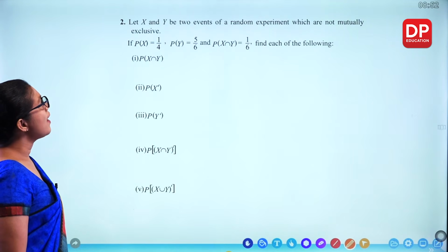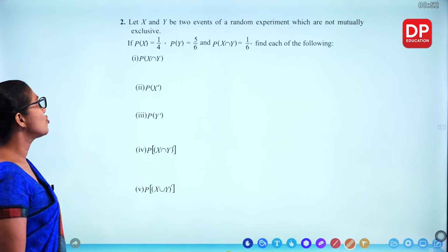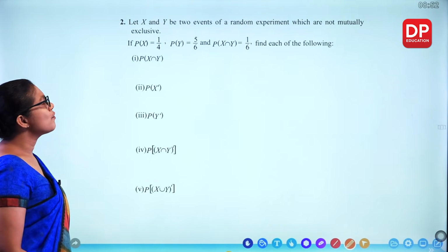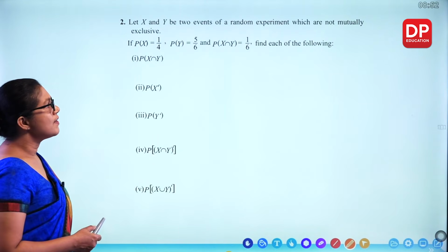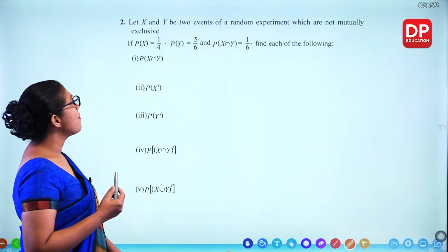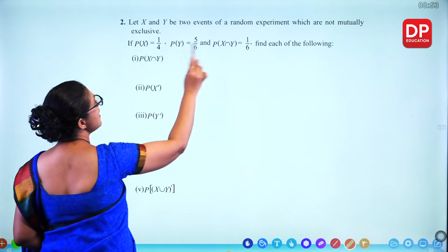Let X and Y be two events of random experiment which are not mutually exclusive. Probability of X is given 1/4, probability of Y is 5/6 and intersection is given 1/6. Find each of the following. First part is probability of X intersection. Here, can you see there's an error?